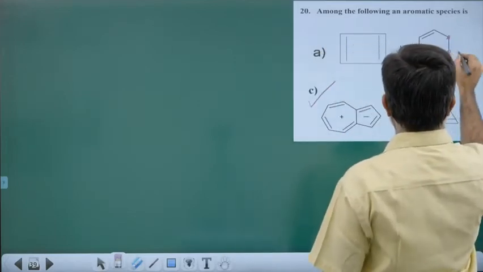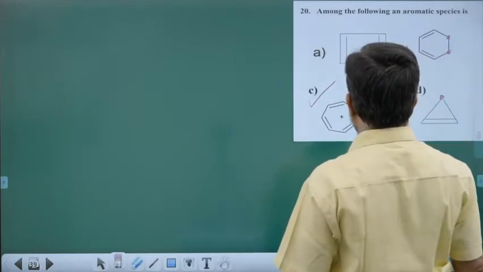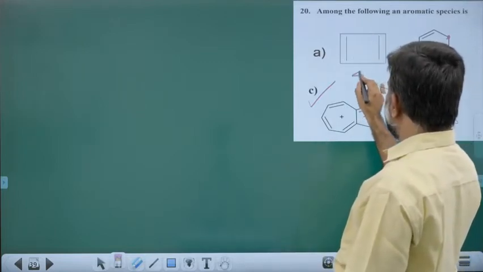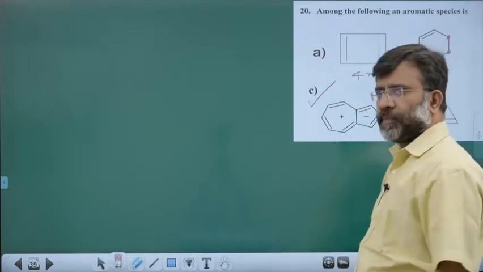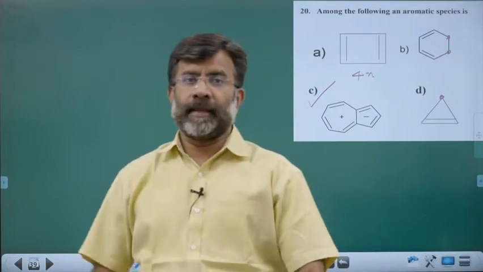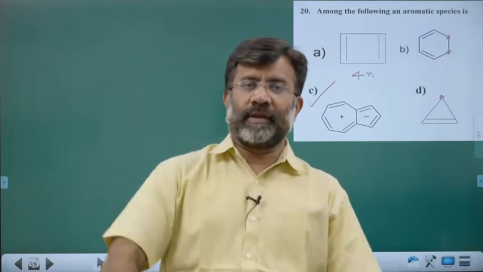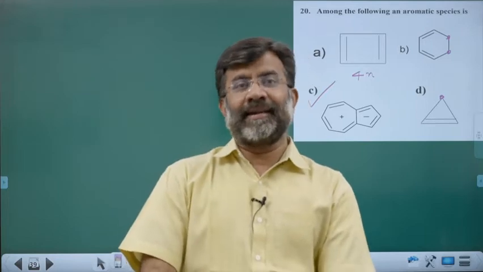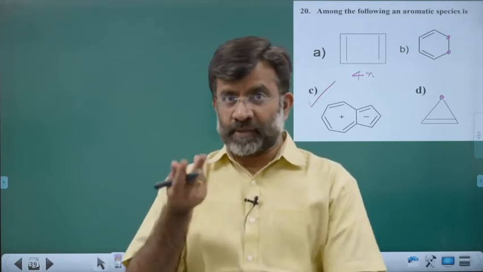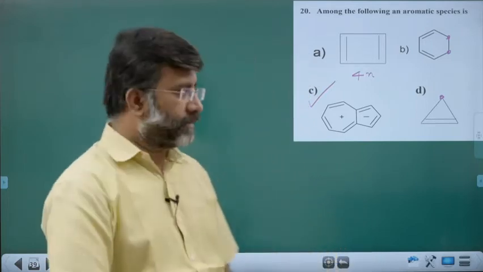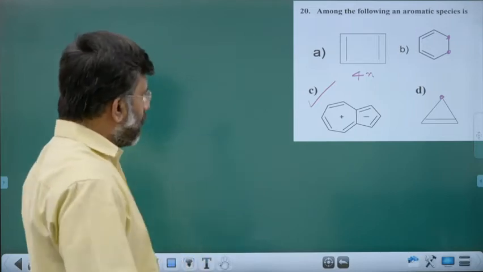Here you have an sp3 carbon so it is non-aromatic, while this is maintaining a 4n system. A cyclic planar conjugated 4n system is anti-aromatic. A 4n plus 2 system is aromatic. Azulene is aromatic.